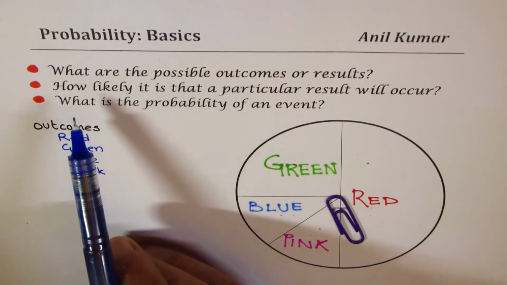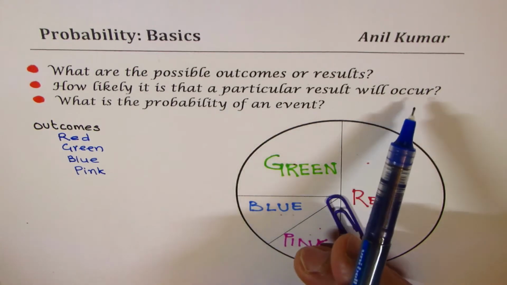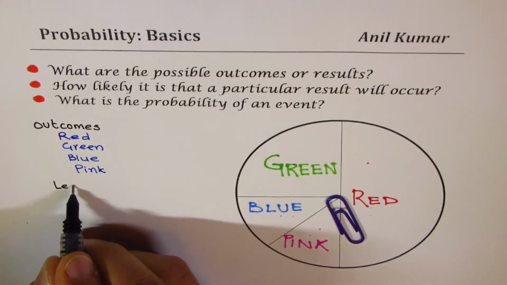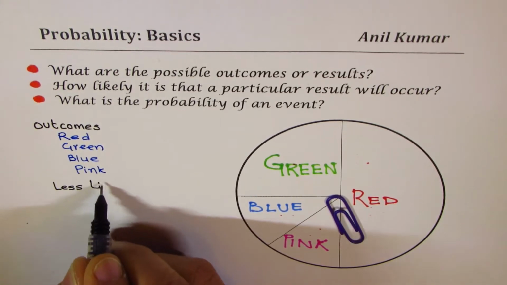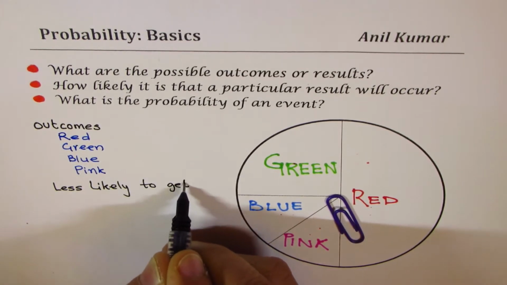Now the question is, how likely is it that a particular result will occur? That is, how likely is it that you will win by getting it on blue. Is it equally likely, less likely, more likely? What do you think? Well, since blue is a small portion, it is less likely, right? So we'll say less likely to get blue, correct?